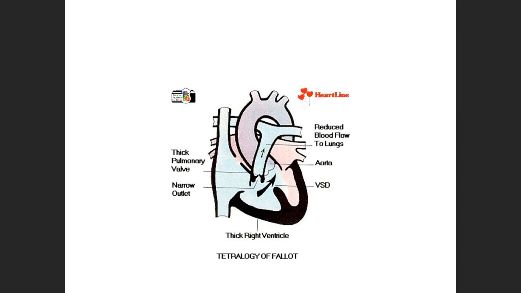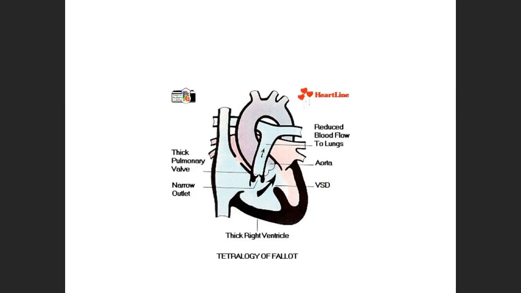There is as well an overriding of the aorta, which means that the origin of the aorta overrides the ventricular septum and the ventricular septal defect.